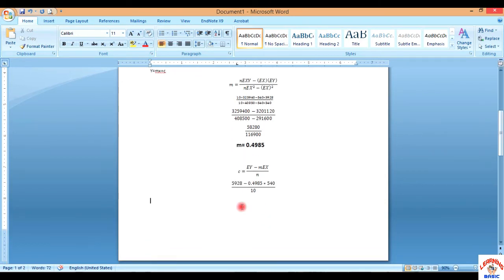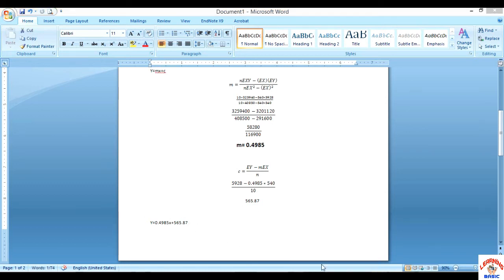If you calculate this, we'll get the value 565.87. From the above we have the equation y equals 0.4985 x plus 565.87.